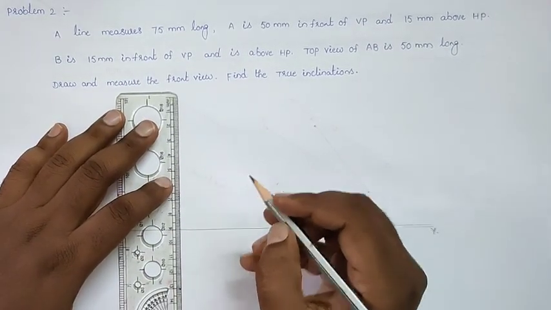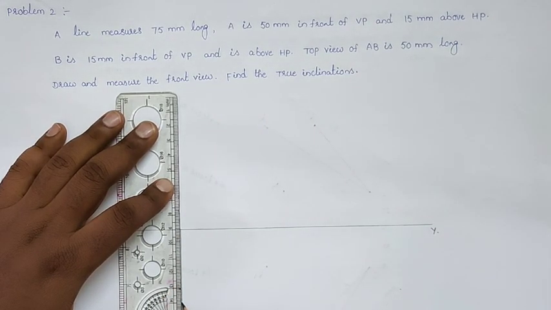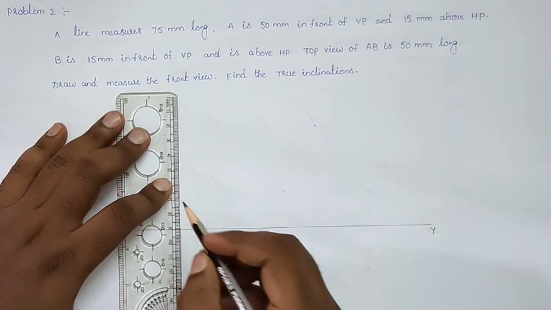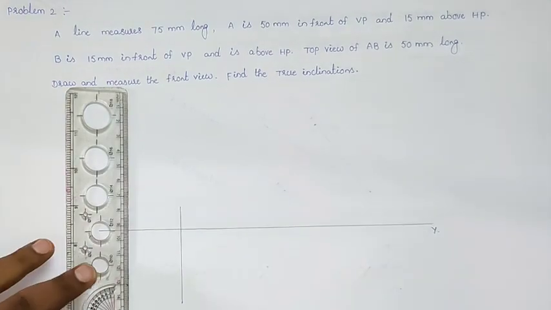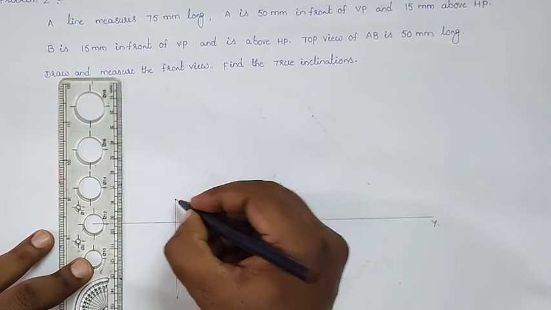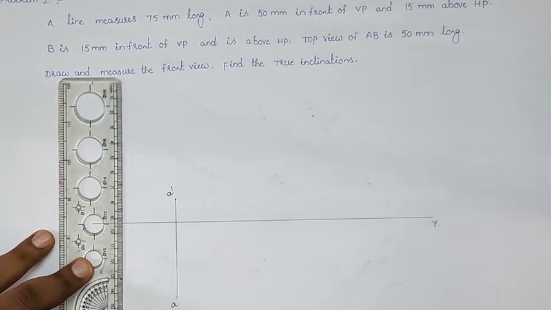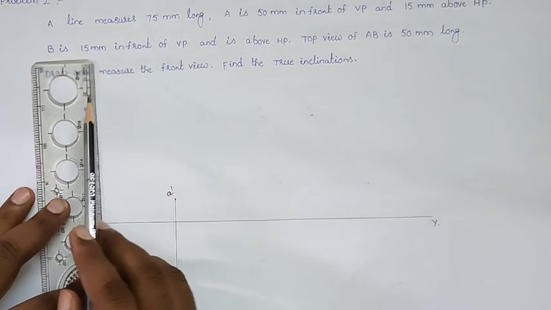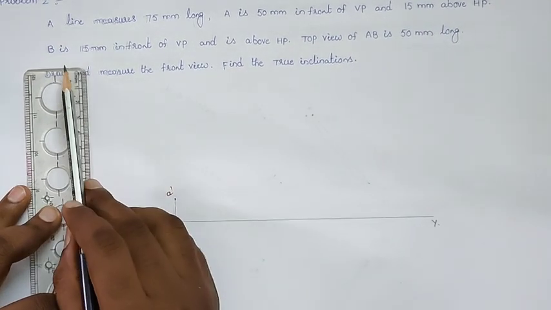So take 50 mm in front and locate the point A top view as small a, and take 15 mm above and draw the front view of point A, that is A dash, and A point.